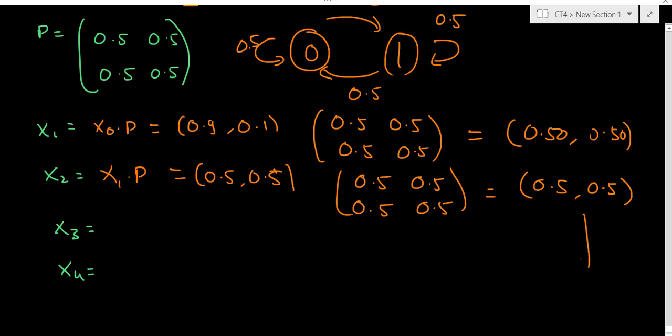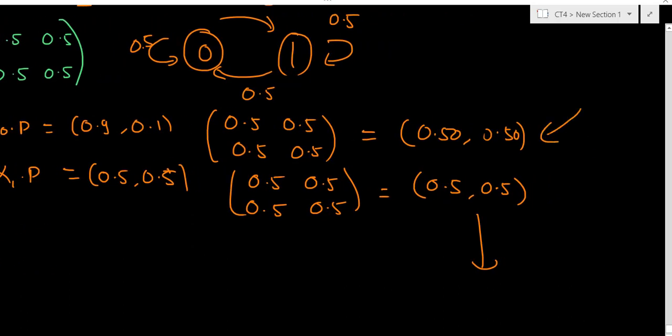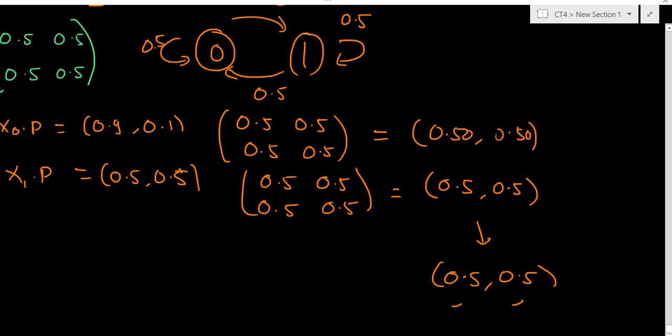So it continues to be the same distribution. It settled down to its stationary distribution in only one step, and now this will remain the same every time. So in the long run we can say 50% of the policyholders are in state 0 and 50% are in state 1.